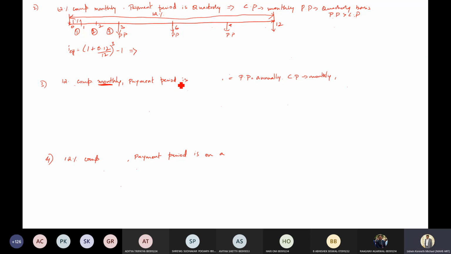Now, the second case: 12% compounded monthly, payment period is on a semi-annual basis. Again, I request you to solve it.